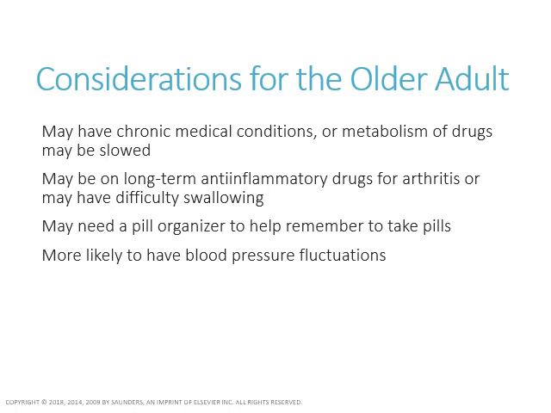Now, what we need to remember about our older adults: they may have chronic medical conditions, so metabolism of the drugs may be slowed. They may be on long-term anti-inflammatory drugs for arthritis, or they might have some difficulty swallowing.